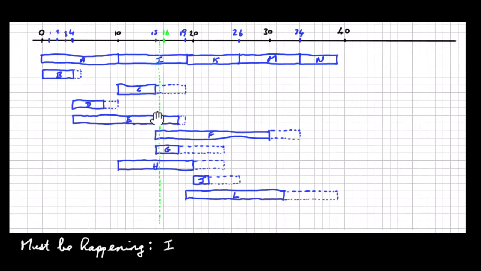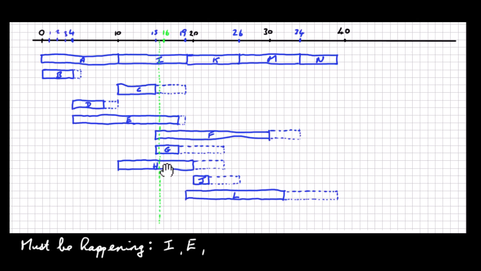Also, if you look down along here, E must be happening as well. Even if we push E out one day here, it's still going to be intersecting this dotted line here. So E must be happening as well. And let's see anything else. Well, G can be pushed out, so we might miss G. F here can be pushed out as well, so that's okay.